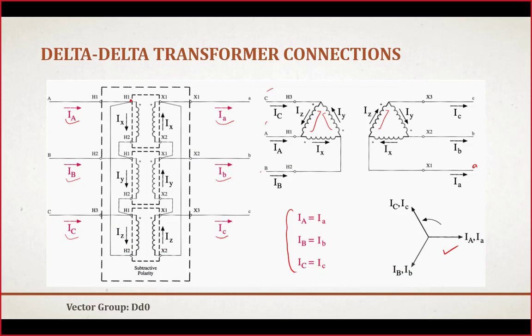Here this winding is in parallel with this winding. Their point of connection is C over here, so that should be C over here. Okay. Now here this winding and these two windings are in parallel here with these two Z and X. This point is A here, and it must be A here as well, so that is A.